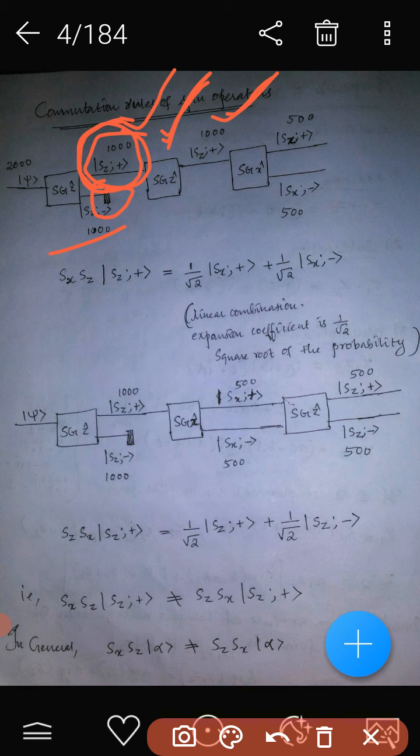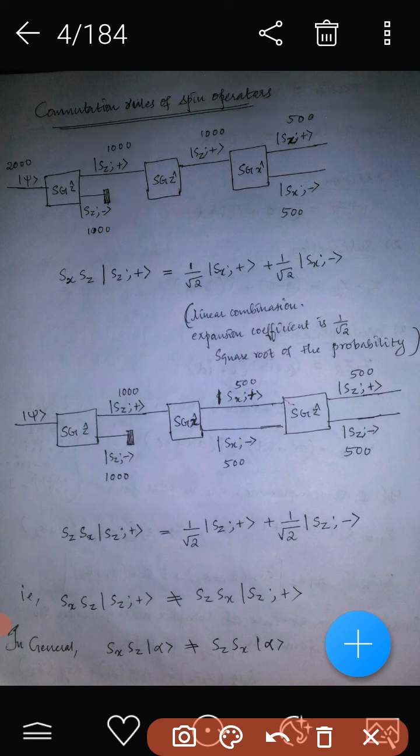Now the second measurement is the X component of the spin. So we will get two states, or two eigenvalues, plus h cross by 2 and minus h cross by 2, with nearly equal intensities, that is an equal number of particles in each state, 500 each, the Sx plus state and the Sx minus state.